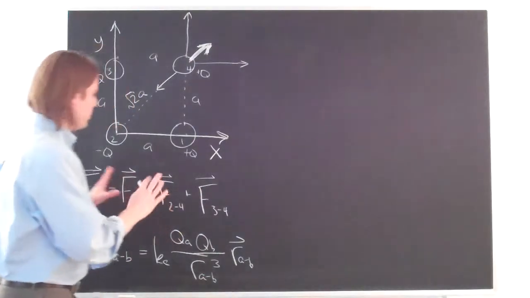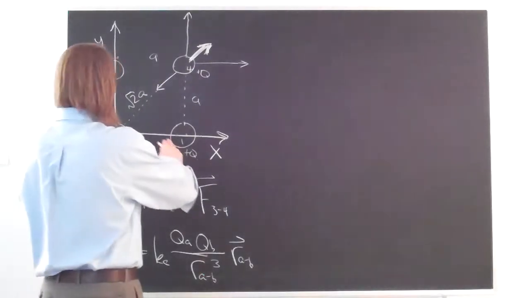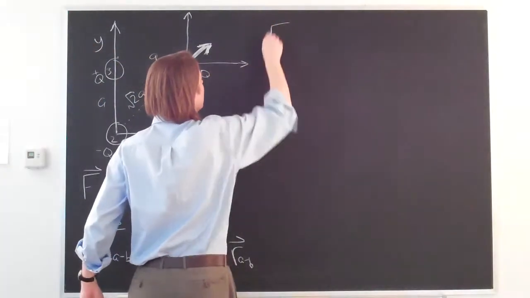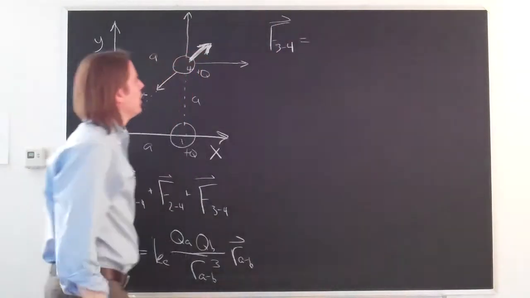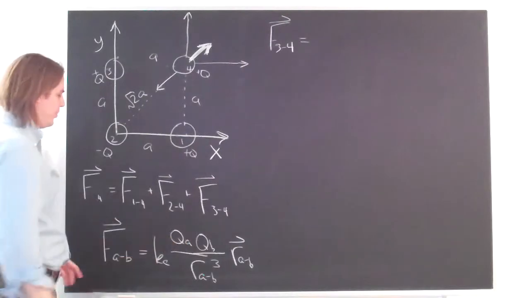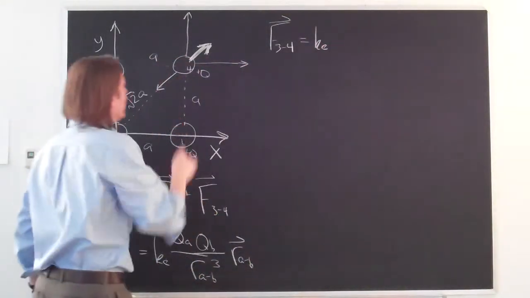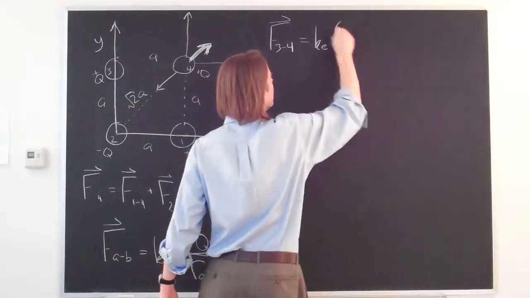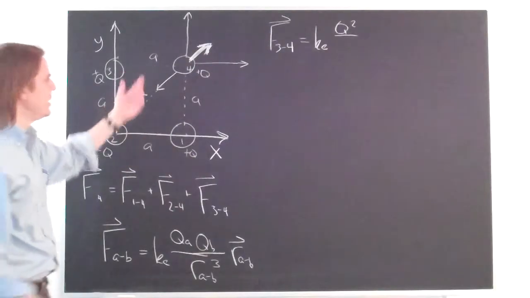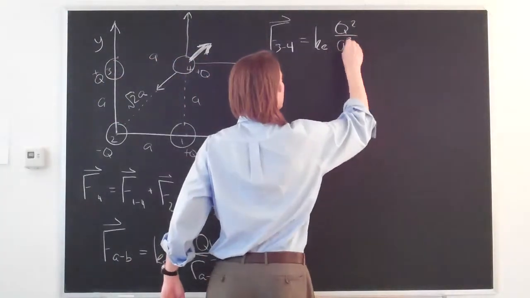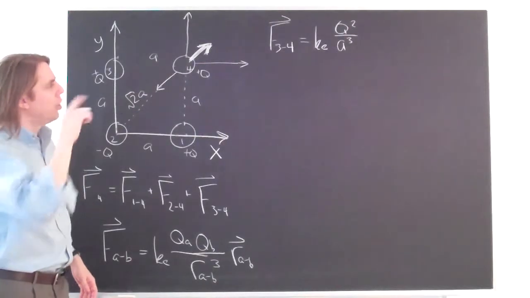So let's just go through and use it, and hopefully you'll see what I mean. Let's start, as before, with F3 on 4. F3-4 is now just straight Coulomb's law, no inspection. Ke, Q times Q is Q squared, over the separation cubed, so that's A cubed, times the vector R, in this case the vector R 3 to 4.